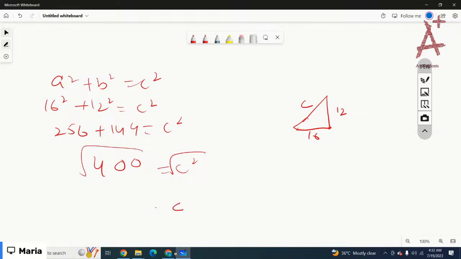So just square root both sides, it would be c equals 20. So the correct option is c equals 20.